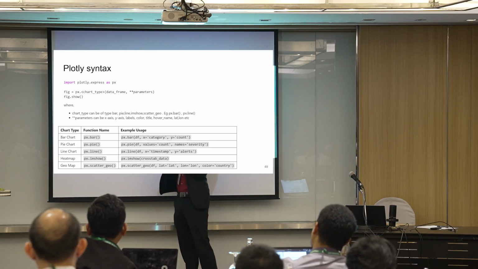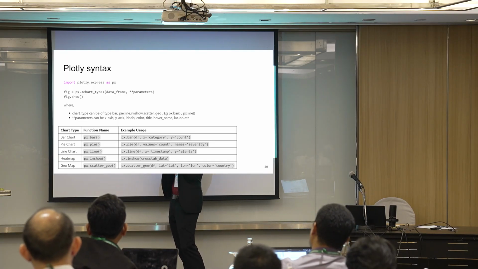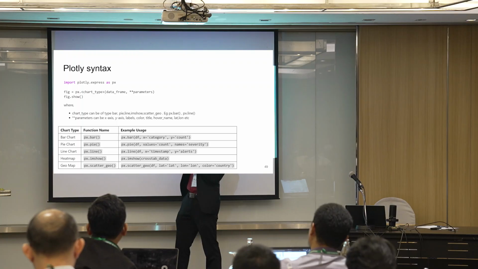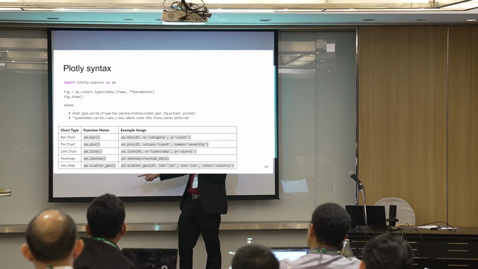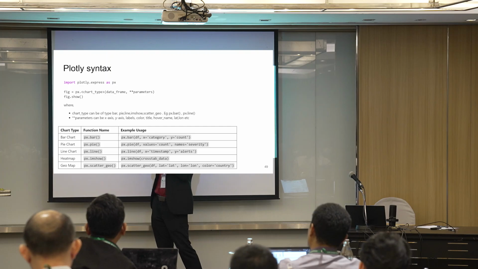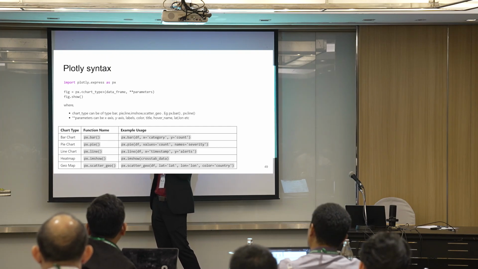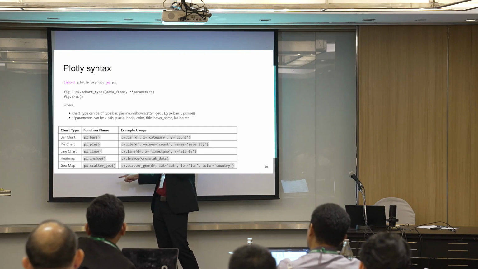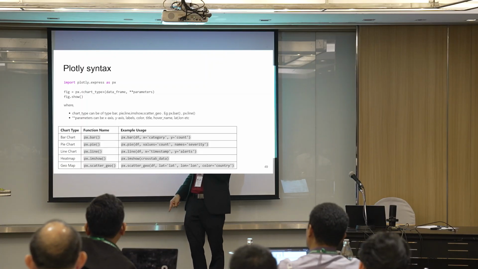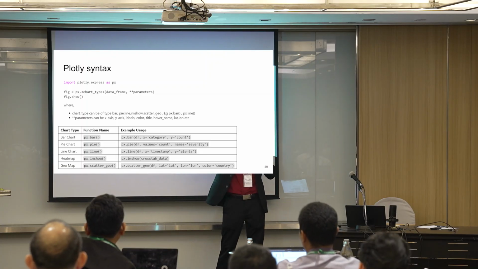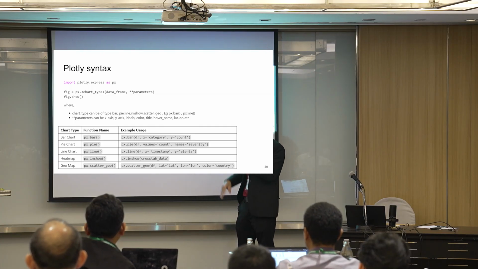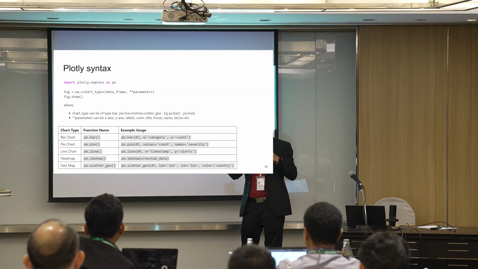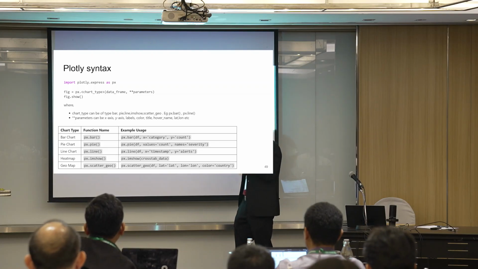You import plotly.express as px. Then you use px.chart_type. Could be bar chart, px.bar, pie chart, px.pie, line chart, px.line, or even a geo map, px.scatter_geo, right? It's going to show the map. That's a very intuitive and simple syntax to plot something.